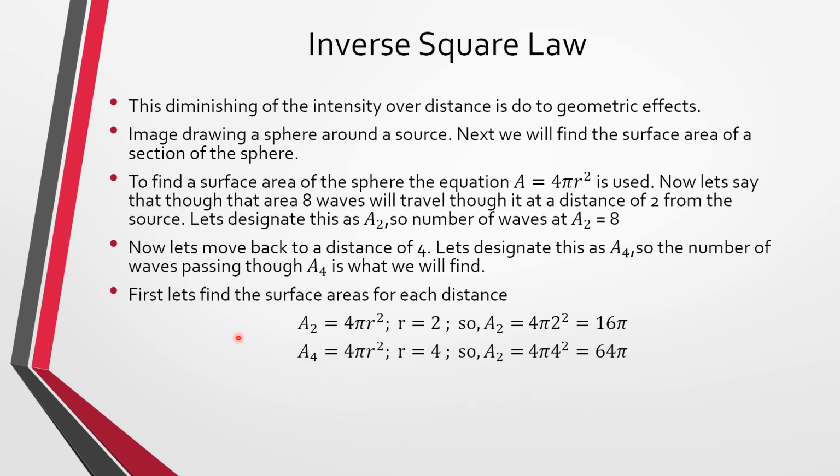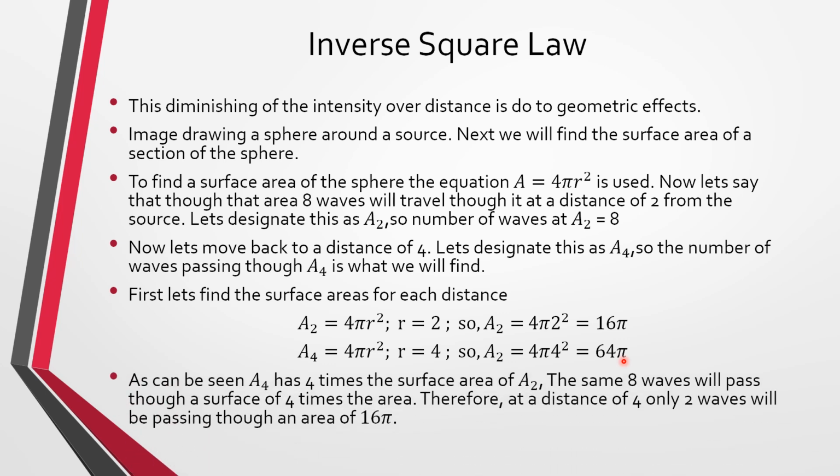Now, if we go to a distance of 4 meters from the source, we use 4 for R. 4 squared is 16, times 4 is 64 pi. So this surface area is 4 times as large as the one at 2 meters. We still have the 8 waves going through it, but it's spread across 4 times the area.